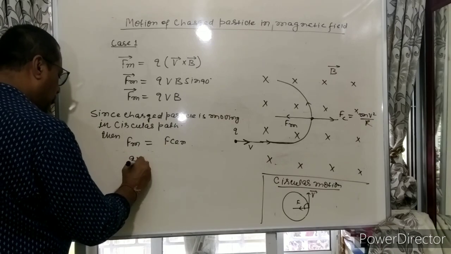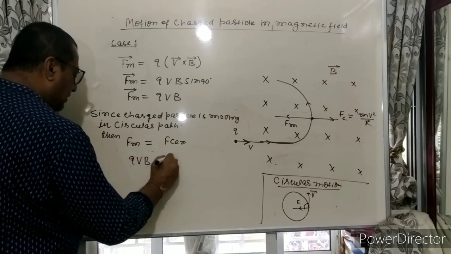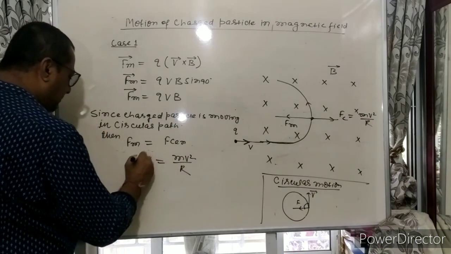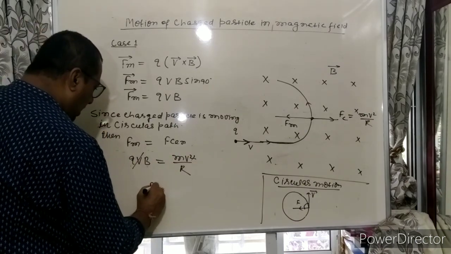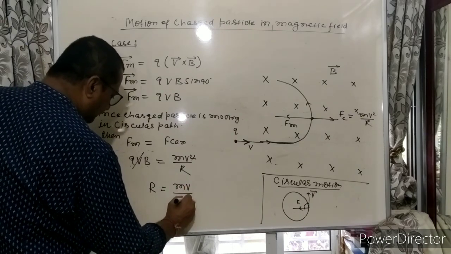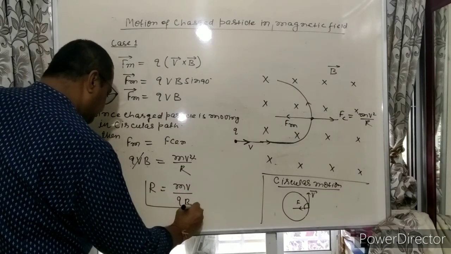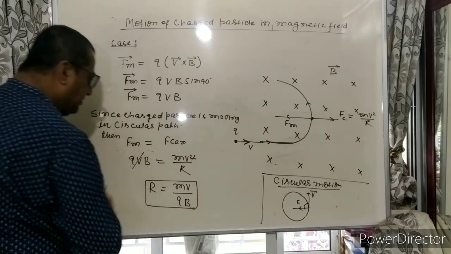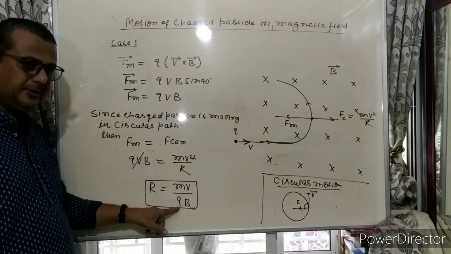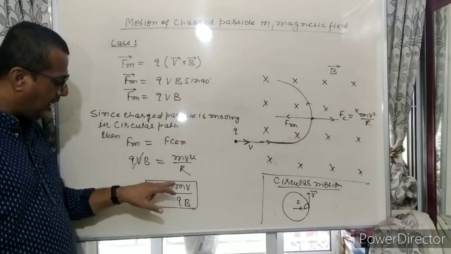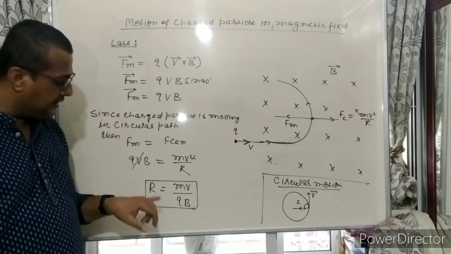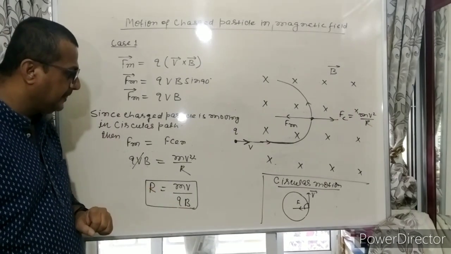This will be equal to Q V B. Centripetal force is equal to m v square by r. V will be cancelled. So r equals m v by q B. We can find the radius of the circular path. r equals m v by q B. This is the radius of the circular path.